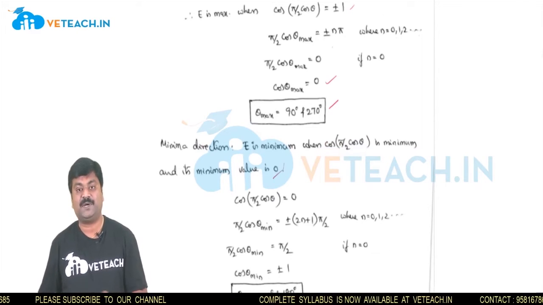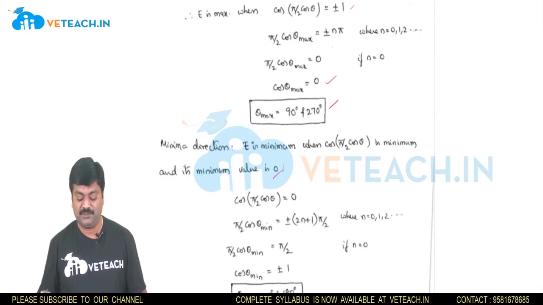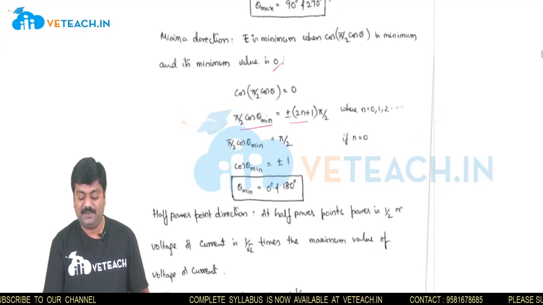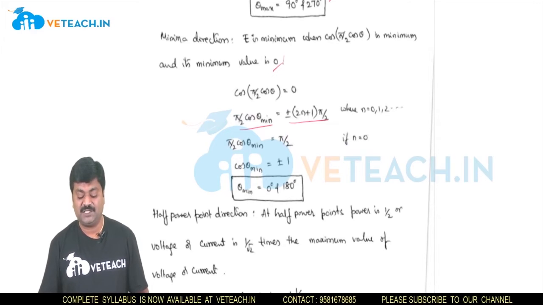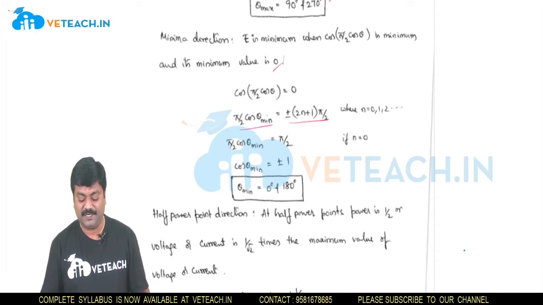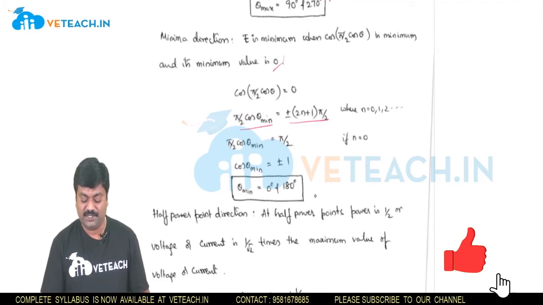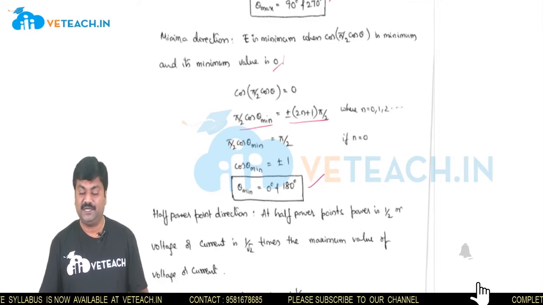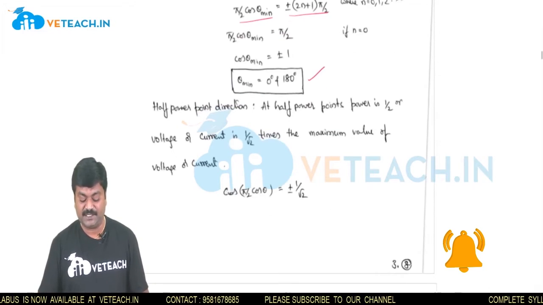For the minimum direction of the cos function, it is 0. So cos of pi by 2 cos theta should be equivalent to 0. In terms of it, I will have plus or minus 2n plus 1 times pi by 2. On substituting the values, theta minimum is 0 degrees or else 180 degrees.